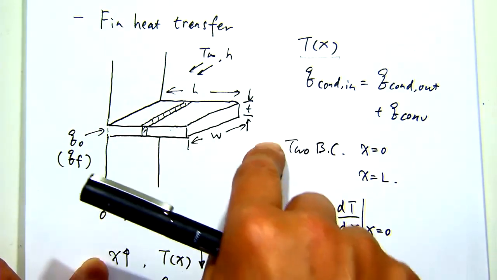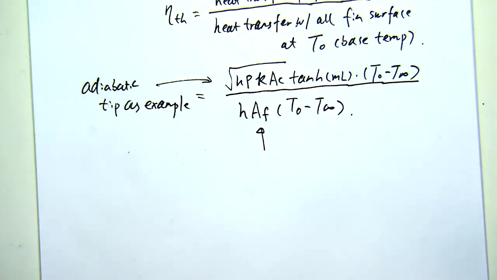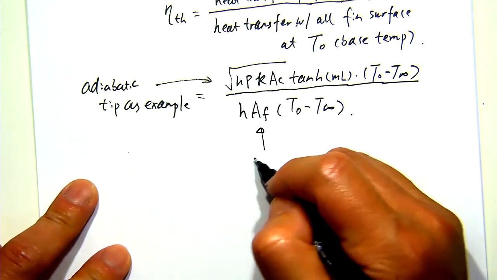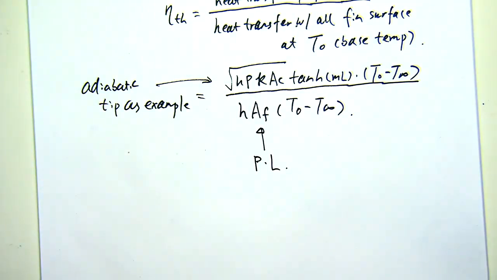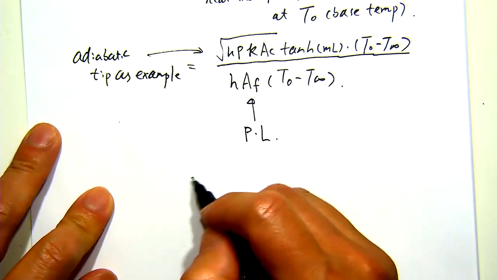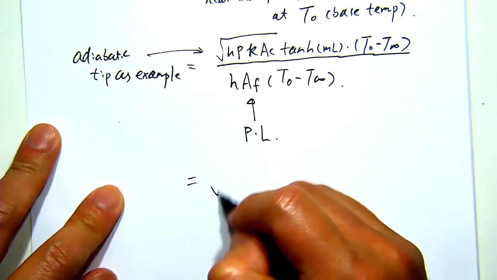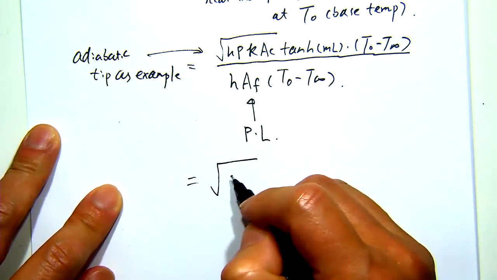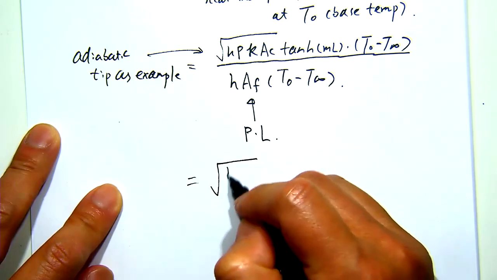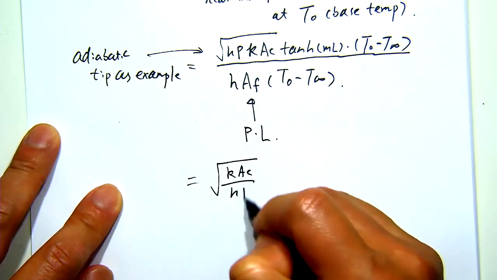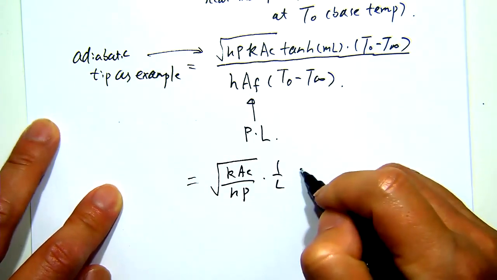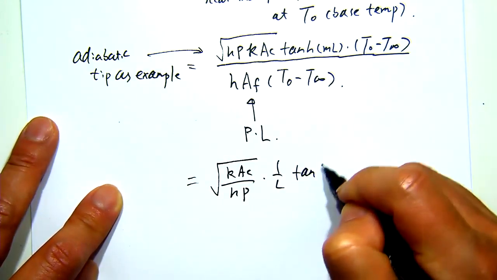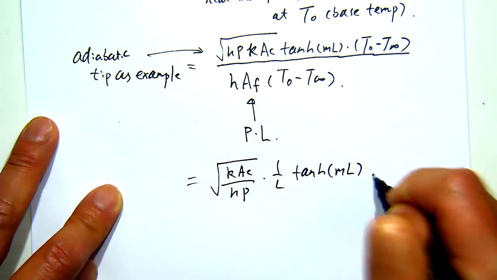That will give us the fin surface area, right? So this one can be written as P times L. And then we can further simplify. We would have the square root of kAc over hP times L and the hyperbolic tangent mL.